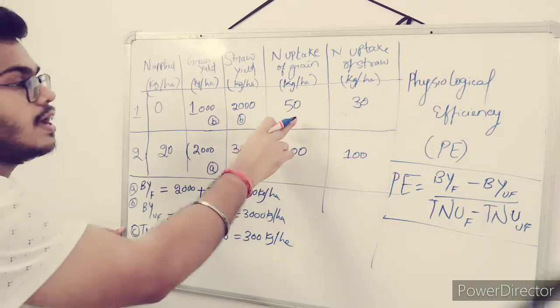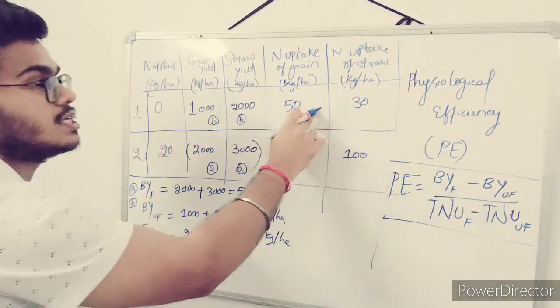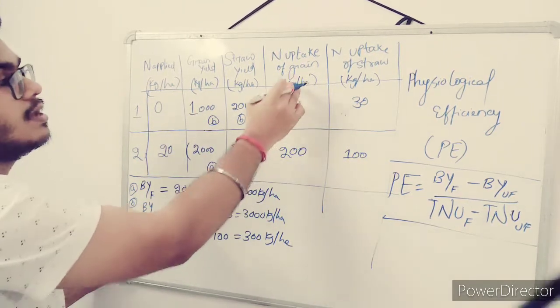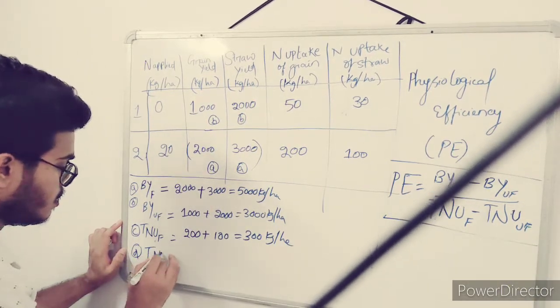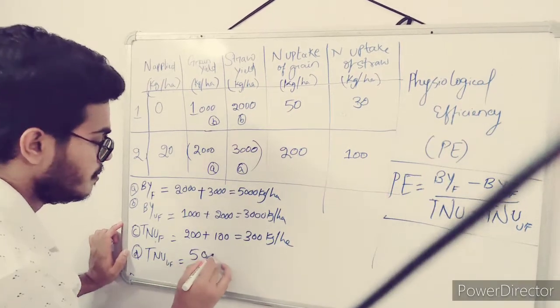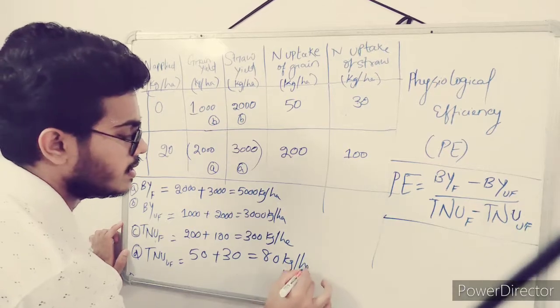And here the total nitrogen uptake in the unfertilized plot is grain uptake plus straw uptake. The uptake of the unfertilized plot will be equal to 50 plus 30. This is equal to 80 kgs per hectare.